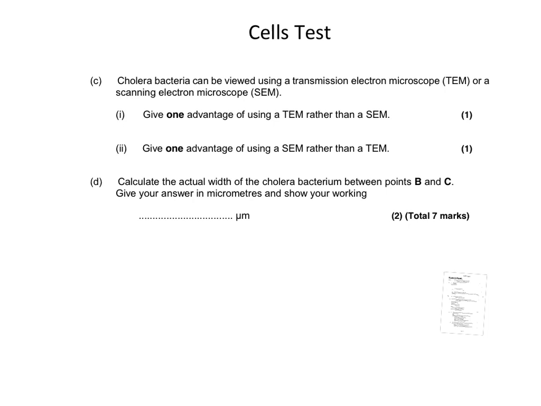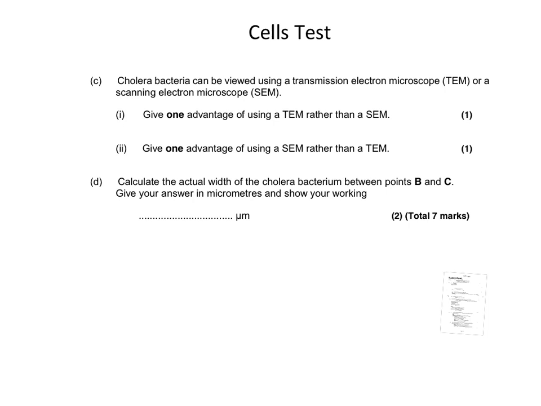Answers that would be rejected are things like if you say longer wavelength, which is incorrect, or if you said it can be used on living specimens, which it obviously can't because you need to use very thin sections. So on to C2, give one advantage of using an SEM rather than a TEM. Well, first of all, you don't have to prepare thin sections, okay? The SEM shows the surface in great detail, which is an advantage.